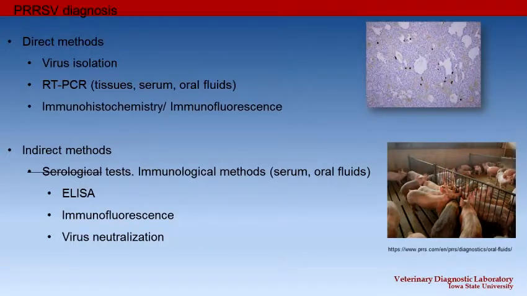It's an immunological test applied in different platforms, in serum and oral fluid. We can use that for ELISA, immunofluorescence, and virus neutralization, and we can still detect antibodies produced by the virus. So these techniques are going to tell us the presence of the virus. Here in this picture, we just see a pen with a rope hanging there where we're going to collect the oral fluid, and we want to evaluate the dynamic of the virus in this population.